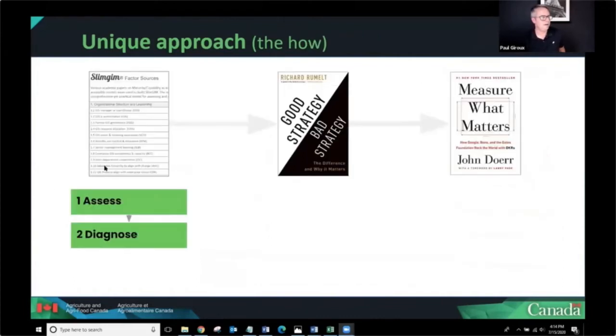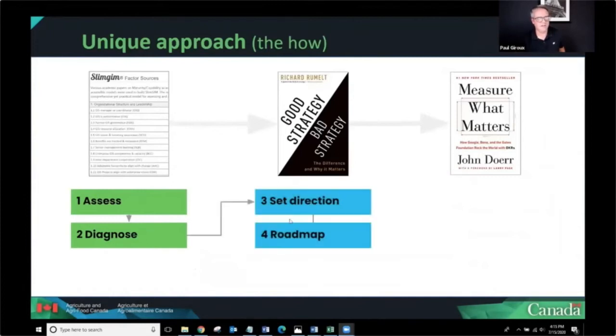What we do with the maturity model is use it to assess organizational health, right? We measure from the top down, from the leadership and how much they understand what enterprise and enterprise geospatial mean, all the way down to whether you are set up to manage data and integrate data. With that information, we do a diagnosis, then we set direction and create a roadmap for a year.